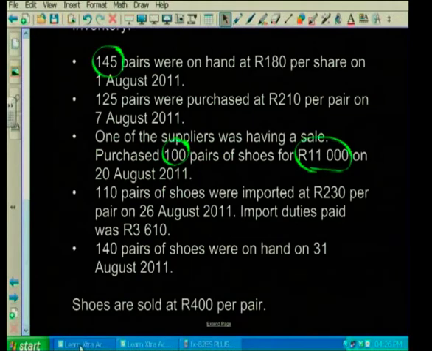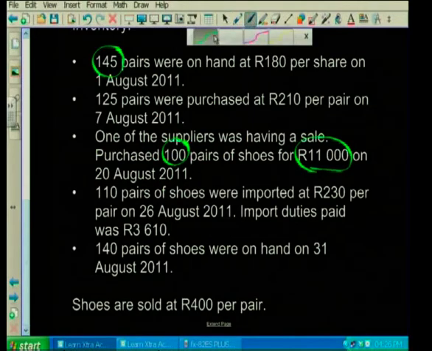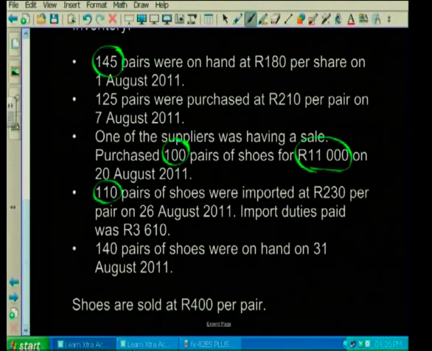Then 110 pairs of shoes were imported at 230 Rand per pair. Import duties paid was 3,610. I'm coming to that just now. Let's get this value first. 110 at 230.